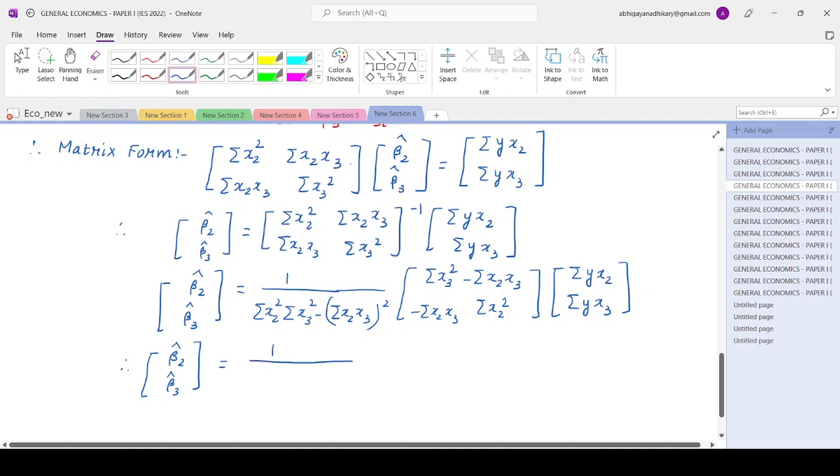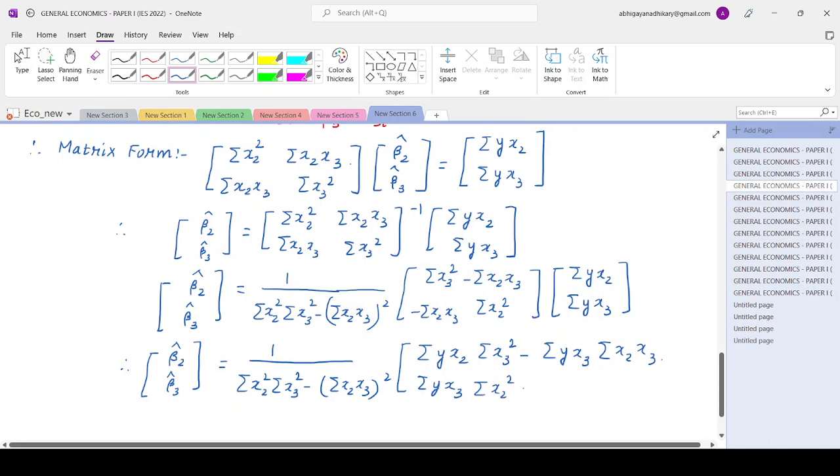The determinant part will remain, summation x2 square summation x3 square minus summation x2 x3 whole square, into, so this will become summation yx2 summation x3 square minus summation yx3 summation x2 x3, and the other entry will be summation yx3 summation x2 square minus summation yx2 summation x2 x3.